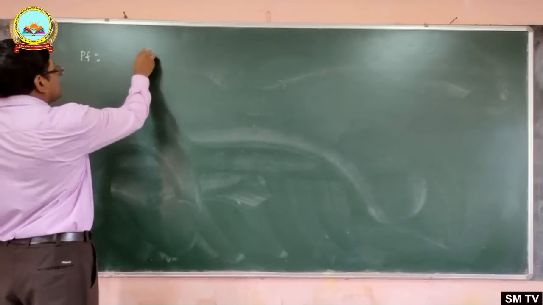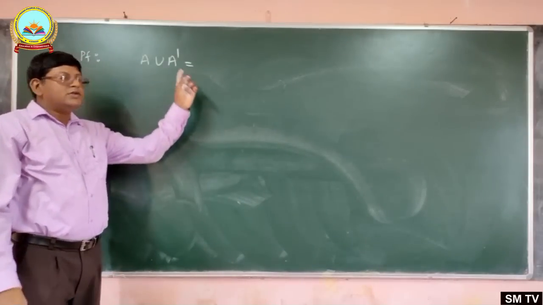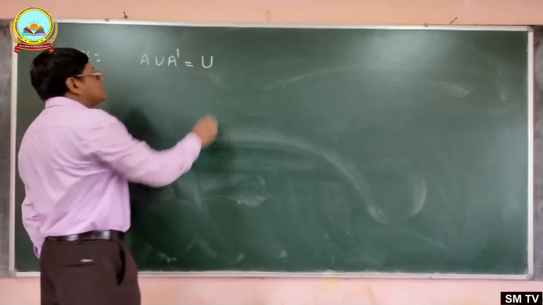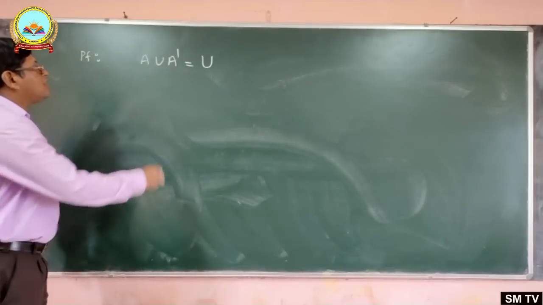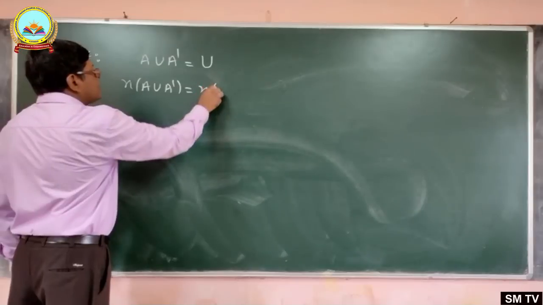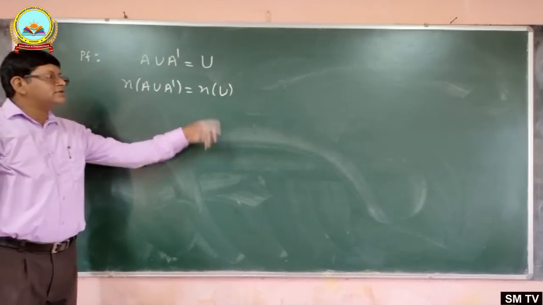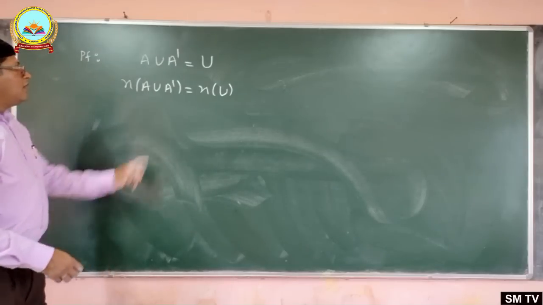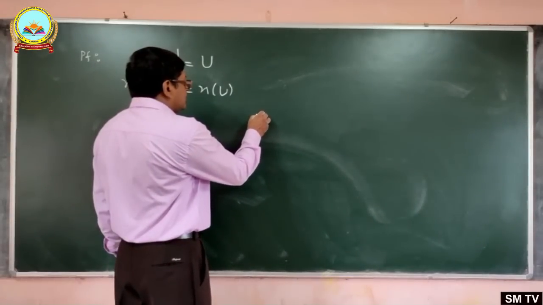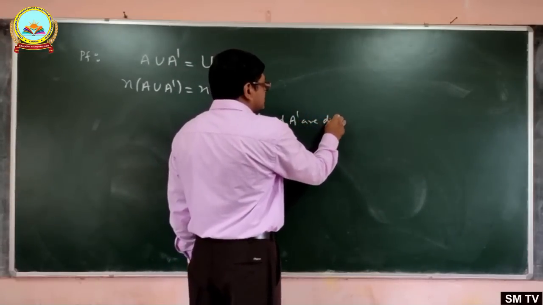We know that the union of any set A and its complement A dash is equal to the universal set, right? So n of A union A dash is equal to n of U. And further, we know that A and A dash are disjoint sets.